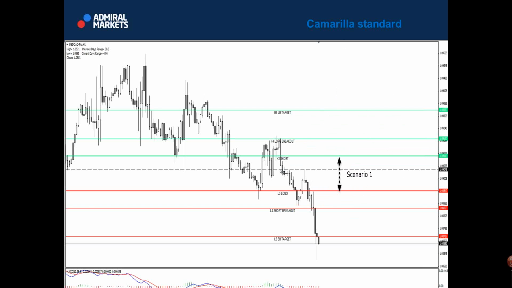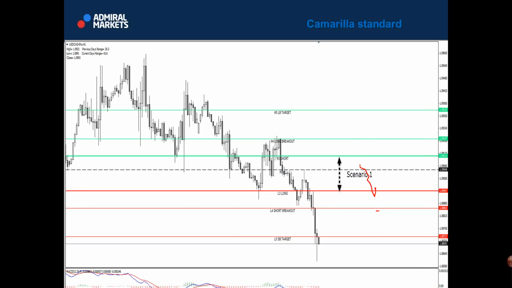So the first scenario is price usually opens up between H3 and L3. For long trade, you should wait for the price to go below L3, and then if it moves back above L3, you should buy. Stop loss should be just below this level.